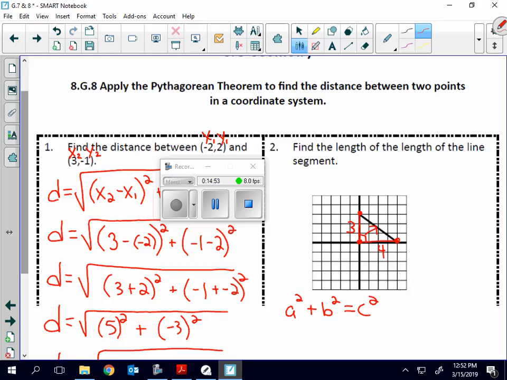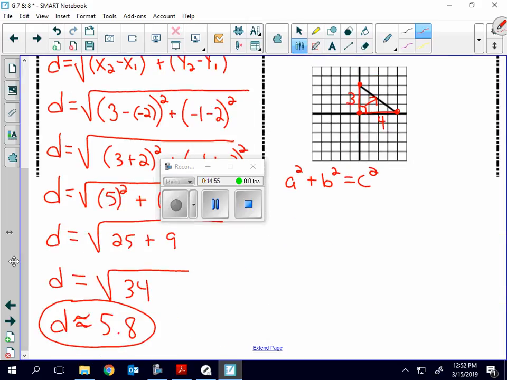You can also use the distance formula for this one. It will work, but for now we're just going to use this. I think it's a little bit faster and you guys like this one better anyways. 3 squared plus 4 squared equals c squared, and I bet you a lot of you already know what the answer is because I taught you this one, but we're going to do it out just to make sure. 9 plus 16 is c squared.